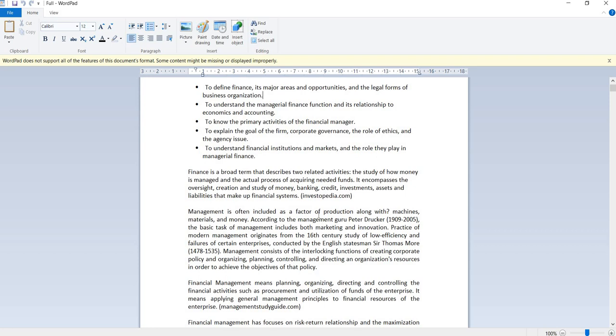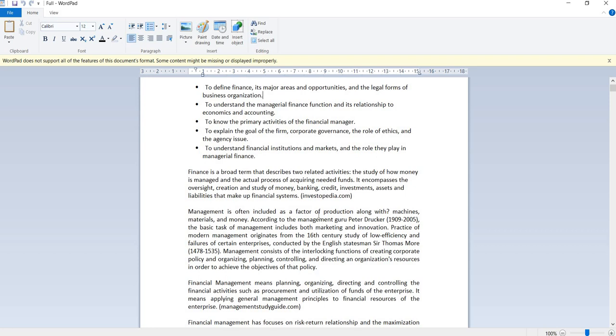Management consists of interlocking functions of creating corporate policy and organizing, planning, controlling, and directing an organization's resources in order to achieve the objectives of the policy.